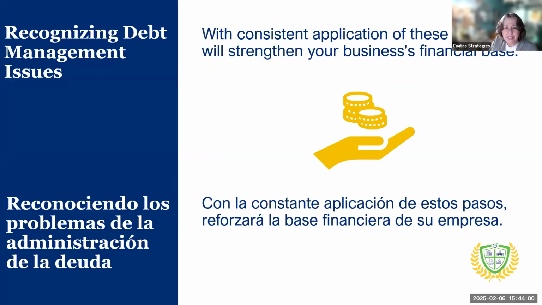We can do everything right. We can have a solid plan, but sometimes debt does become unmanageable. So what should we look for? We're learning how to assess and manage our debt. We're really thinking about the financial health of our business. With constant and consistent application of those steps, you're going to strengthen your business's finances.